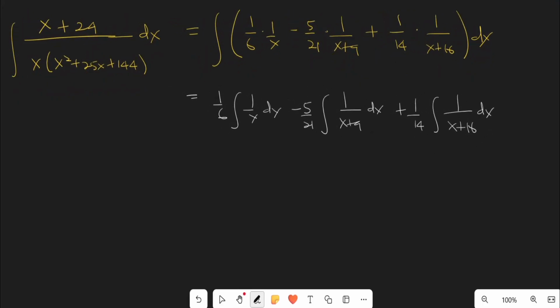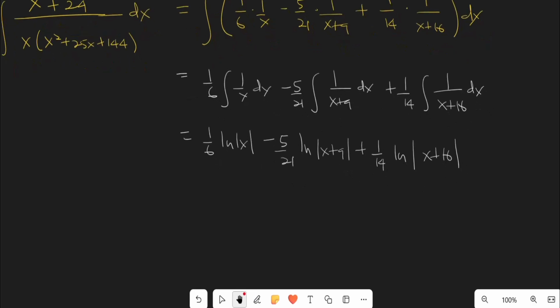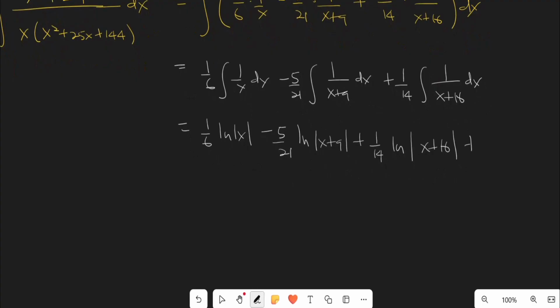And this one is our integral I. So this is 1 over 6 ln of x minus 5 over 21 ln of x plus 9 plus 1 over 14 ln of x plus 16 plus the constant of integration.